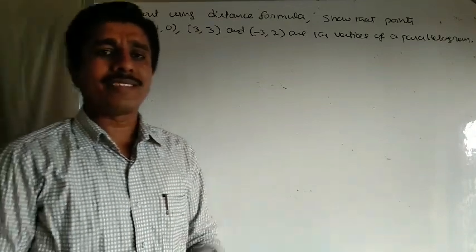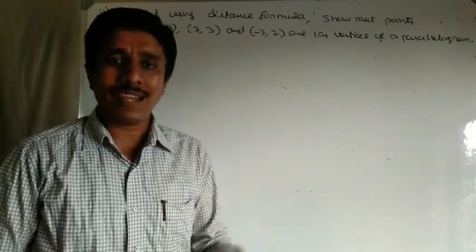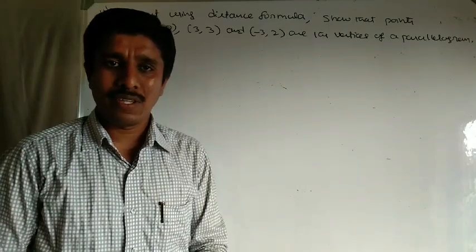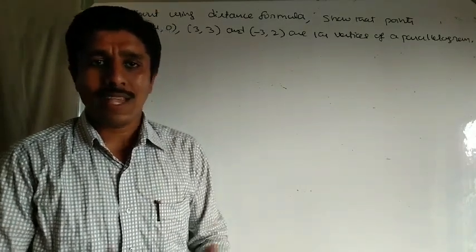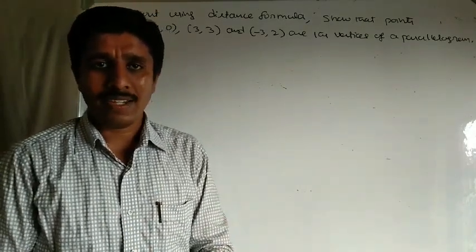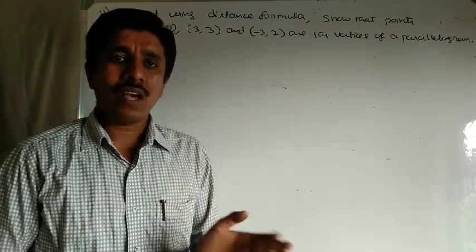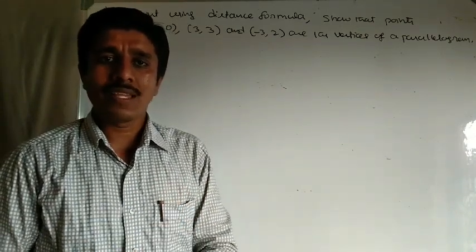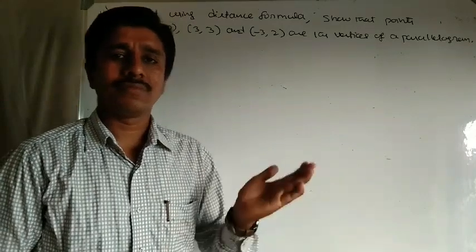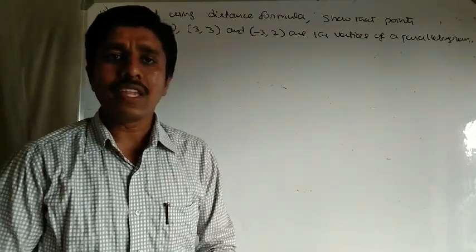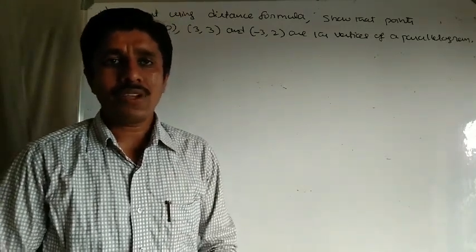But without using distance formula means by using the straight line concept, slope concept. In a parallelogram, opposite sides are parallel. Correct. Here we have to prove that slopes of opposite sides are equal. Then we can say that the given points are the vertices of a parallelogram.